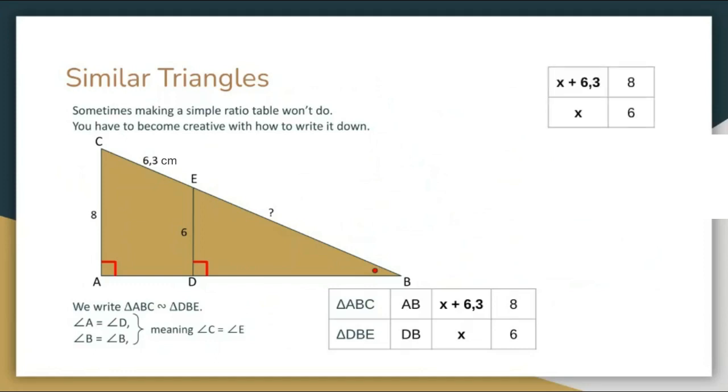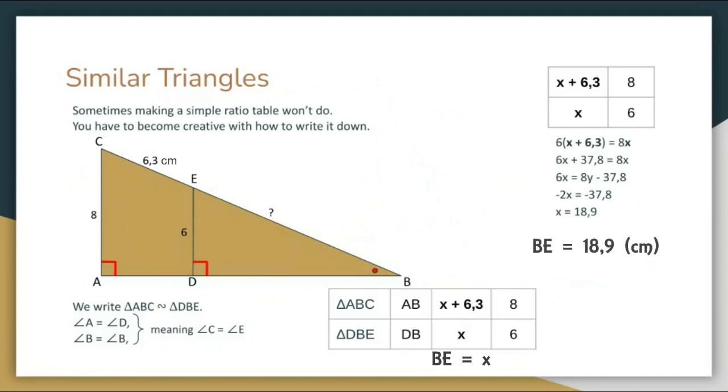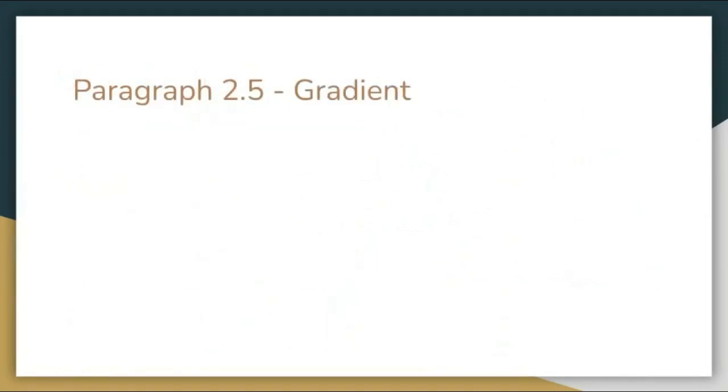We write down the cross product in the form of the equation 6 times (x plus 6.3) is equal to 8 times x, which we write down like this. We follow the rules of the balance method and find that x is equal to 18.9. As BE was the side set to x, that means that BE is equal to 18.9 centimeters or whatever.